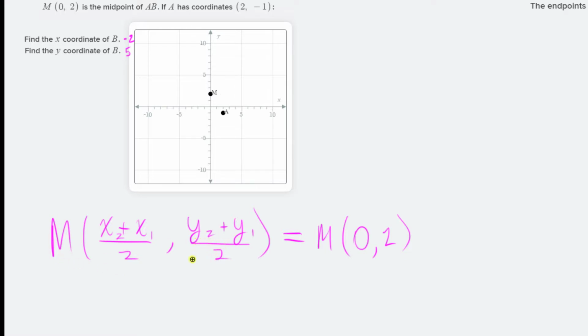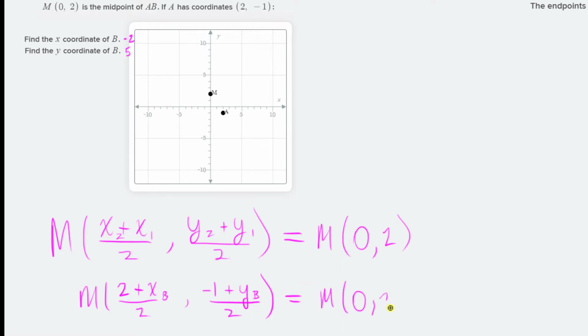So I can start plugging some stuff in here. I know that I should have an X value of 2 for the first part, 2 plus something. Actually, I'm going to call that the X of B. And Y, which is a -1, plus something. And I'm going to call that a Y of B, also divided by 2. And that's supposed to give me an M value of (0, 2).